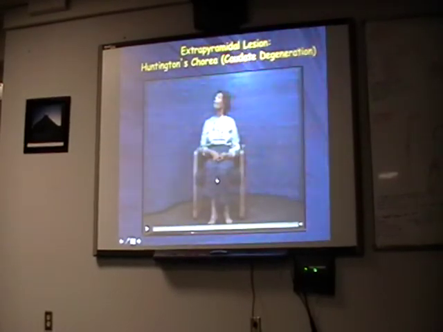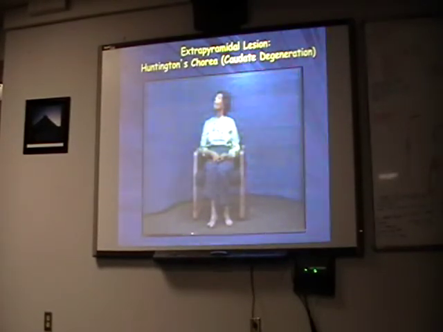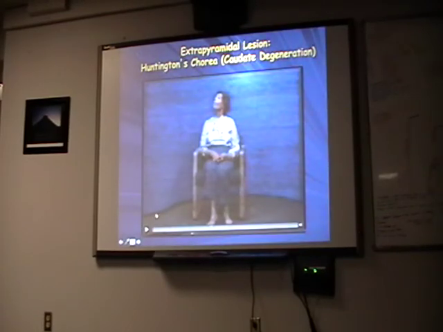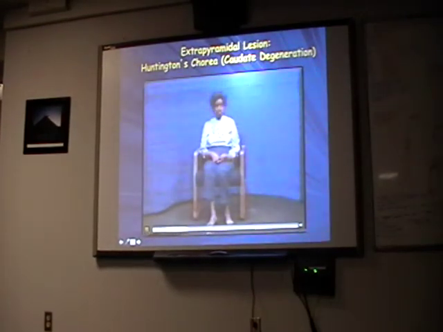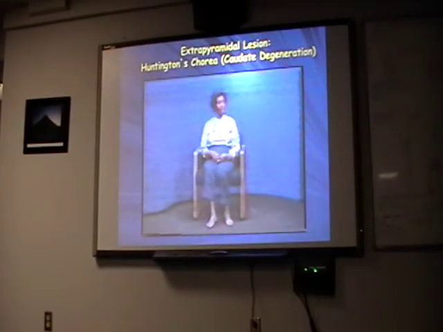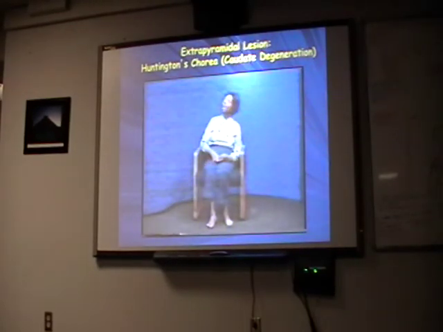Then we've got our athetosis and our choreiform movements, which are really both writhing, rotary sorts of movements. So this woman has Huntington's chorea, which is degeneration of the caudate nucleus. So you see excessive movement of the head, involuntary movements.